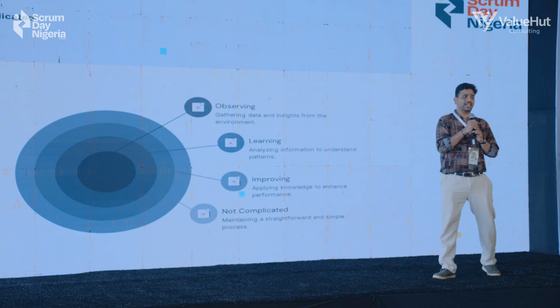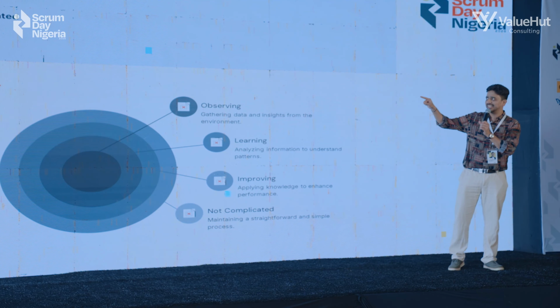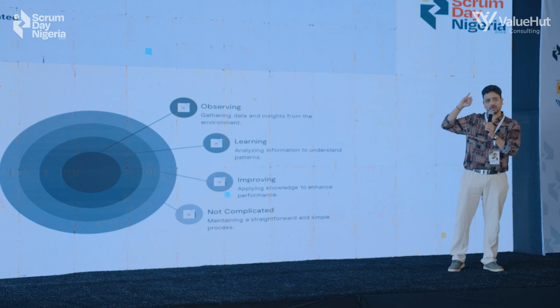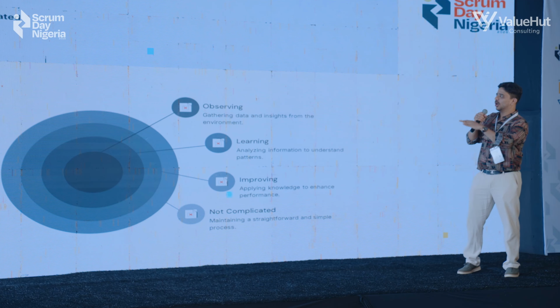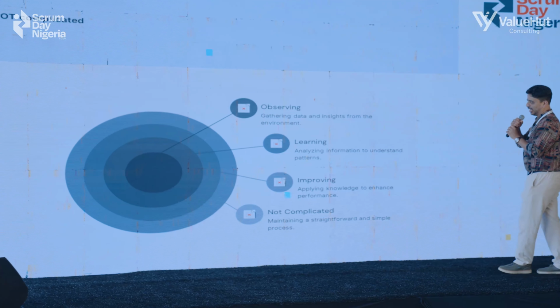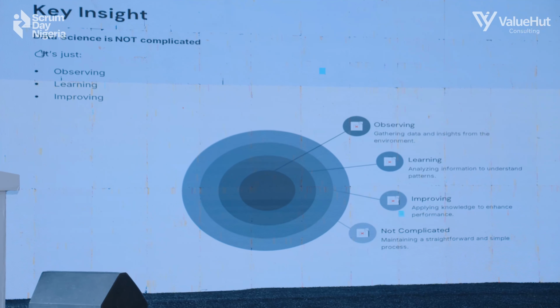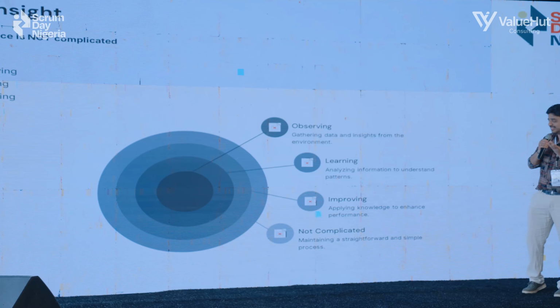Okay. Again, I really want to illustrate the fact that data science is not always about building models or writing complex lines of code. It's about the three key things here: observing, learning, and improving, right? So I will be explaining all these 4 steps here, taking a simple coffee shop example of how we gather beautiful insights.